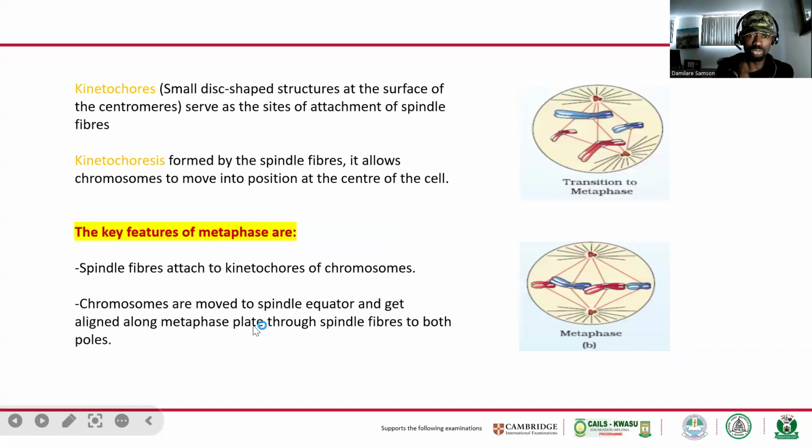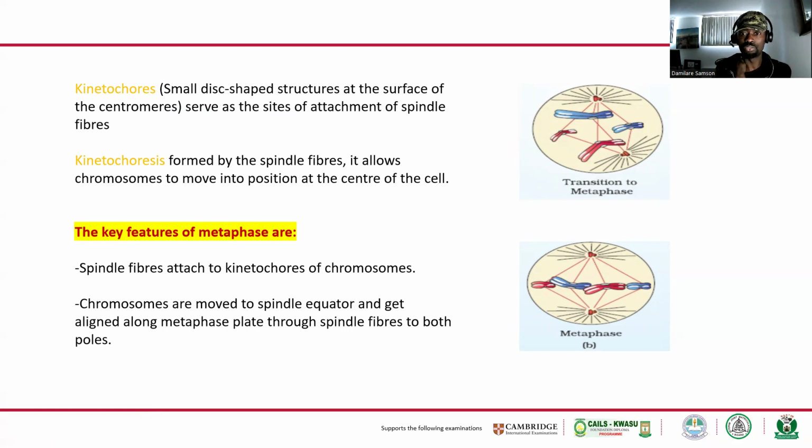Now, the kinetochore. The kinetochore is a small disc-shaped structure at the surface of the centromere. It serves as a site of attachment of spindle fibers. So remember, the kinetochore is different from the centromere.